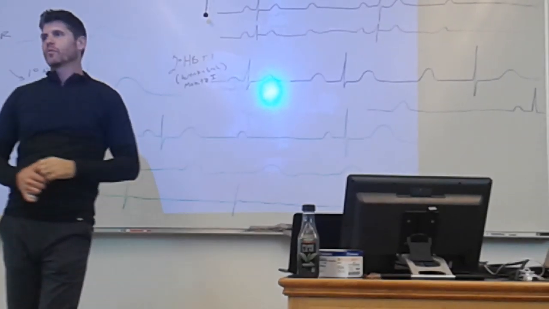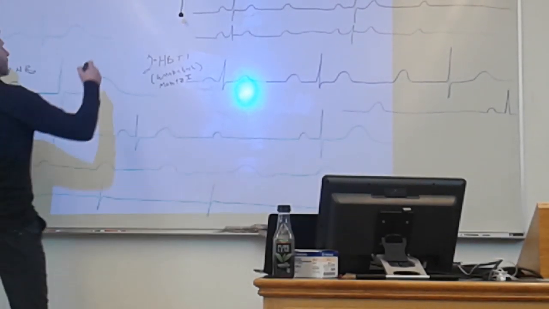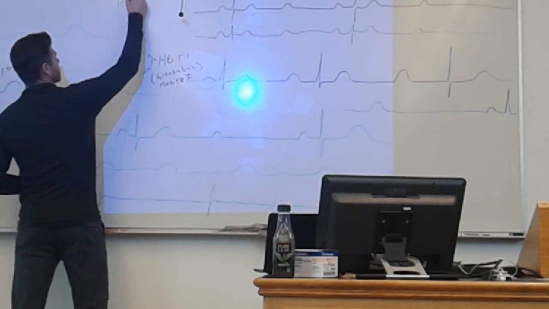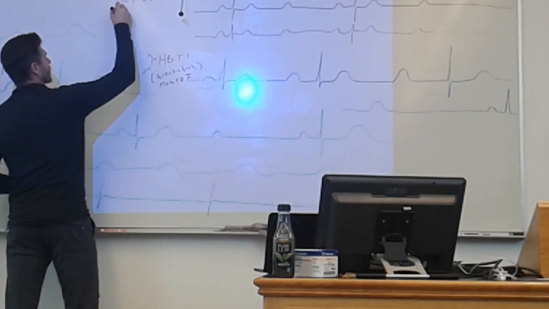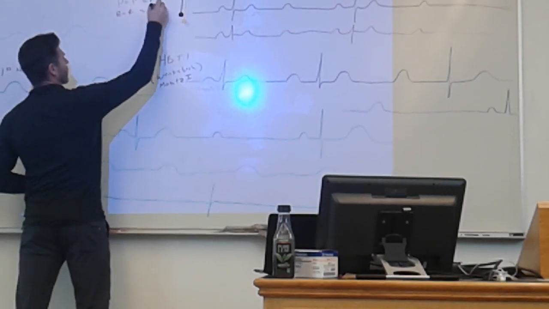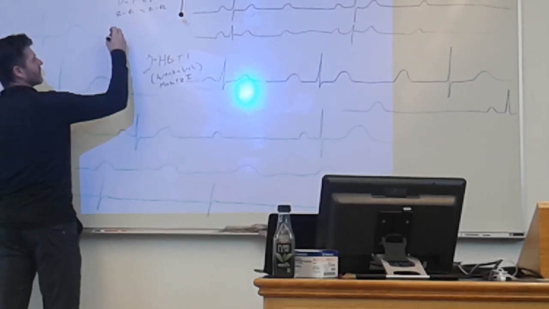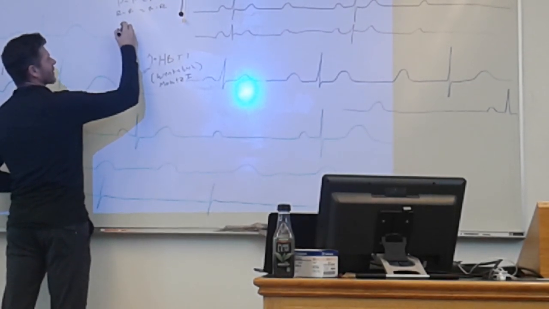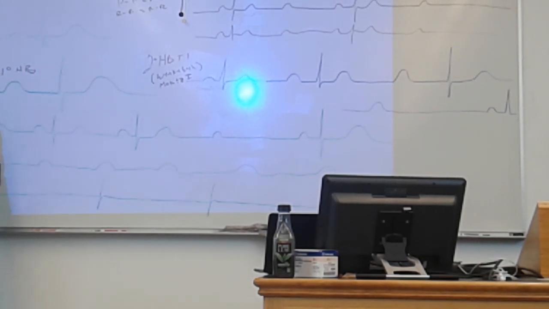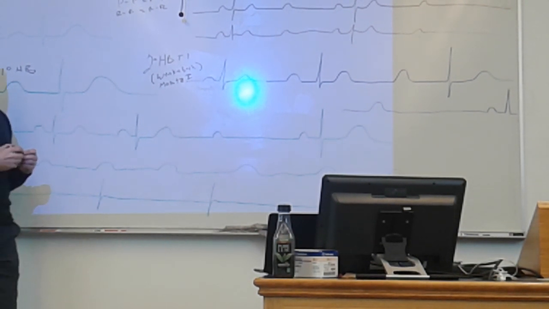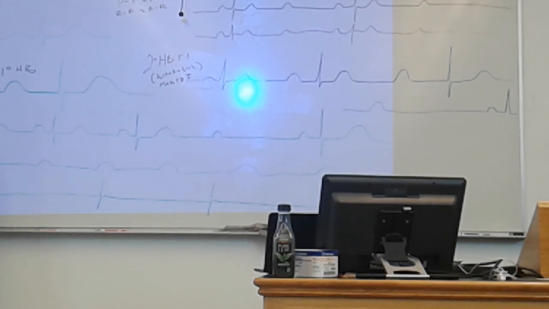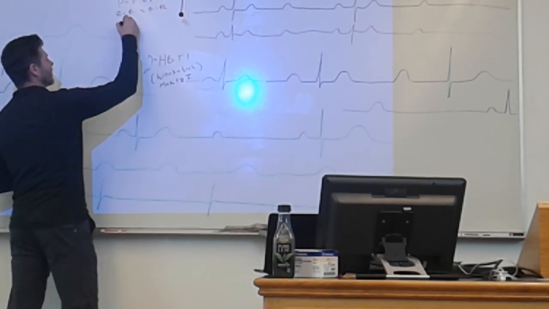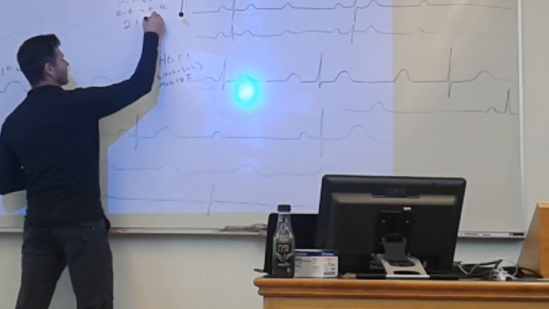If I have a situation where my P to P's equal my P to P's, my R to R's equal my R to R's, and there is a relationship between my P to P's and my R to R's. They are a multiple of each other. So clearly, my P waves and my QRSs are related to each other when I have them. And I have a 2-to-1 conduction.